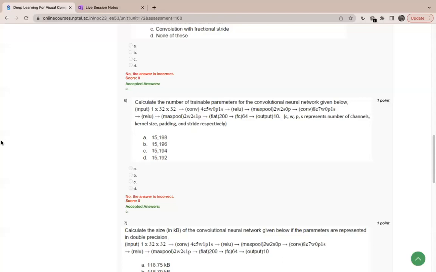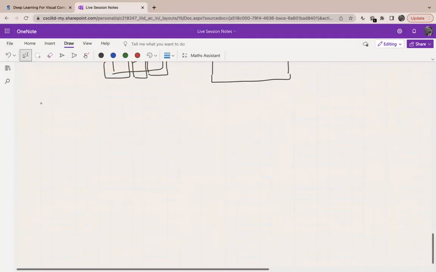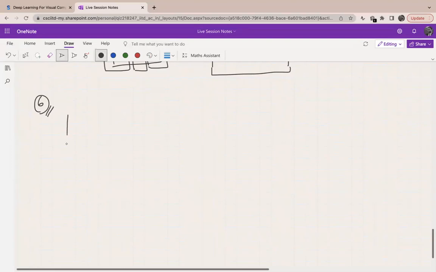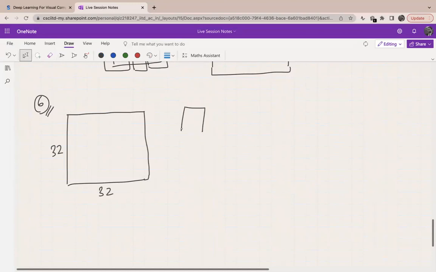This is question number 6. These are very important questions. You need to know how to solve them. So here is a convolutional layer, and it is 32 cross 32. We have 4 filters: filter number 1, filter number 2, filter number 3, and filter number 4.